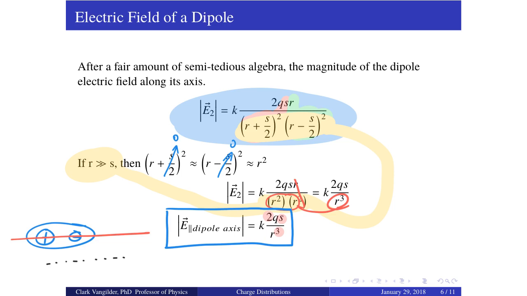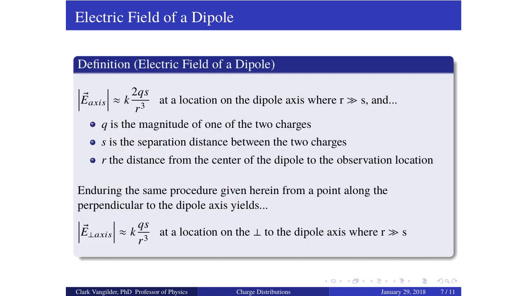Because guess what? We have dipoles, and we can talk about the field parallel to the dipole axis, or we can talk about the field perpendicular to the dipole axis, which is what I said will be shown next. So this is a noteworthy slide because it's a summary slide. We just showed this.